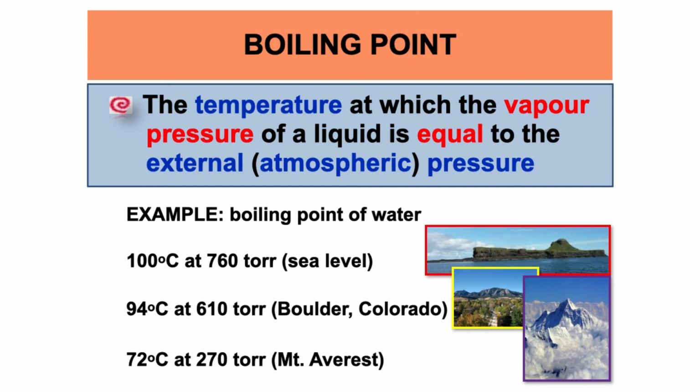As you can see, the boiling point of water at sea level is 100 degrees Celsius, and then it becomes 94 degrees Celsius at Boulder, Colorado, and 72 degrees Celsius at Mount Everest. Why did this happen? Yes, this is because all of these places have different atmospheric pressures.